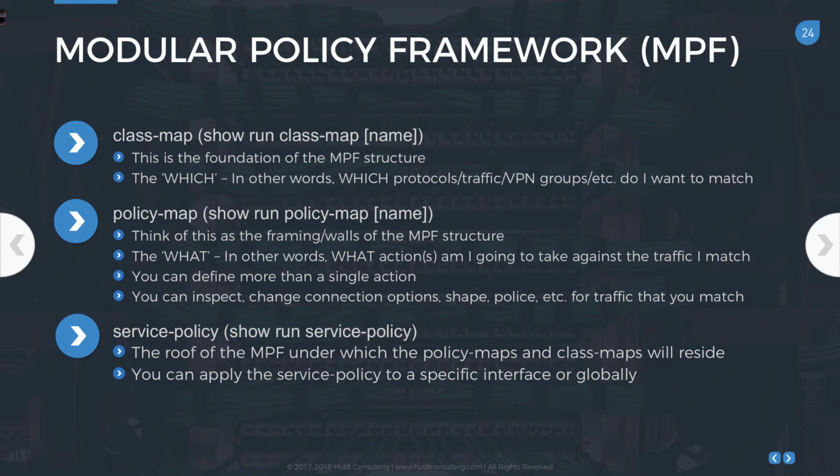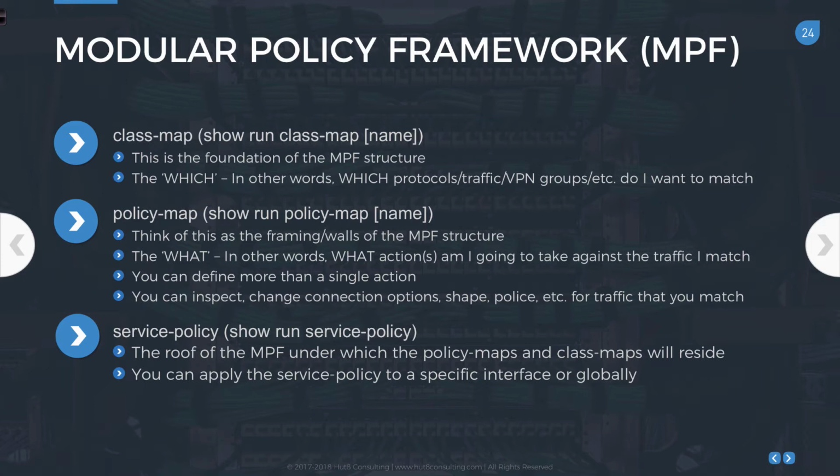And so the modular policy framework, and again, I want to make sure that I'm really clear on this because this causes so much confusion when learners are trying to figure out, well, wait a minute, do I do an ACL? Or how is the modular policy framework working with the ACL? I don't get that. So again, it's the modular policy framework that is going to give the ASA firewall its stateful capabilities.